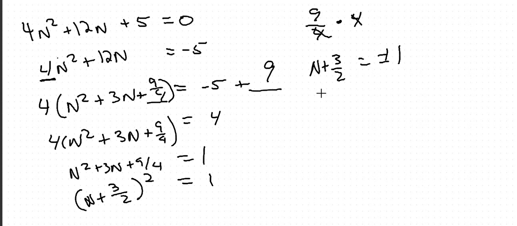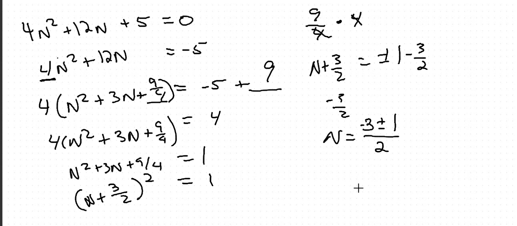Oh, 1. Okay. Minus 3/2. n equals minus 3/2 plus or minus 1. I don't know if that's what you're saying, but that's what it is, right? Oh, and this actually should be 2.